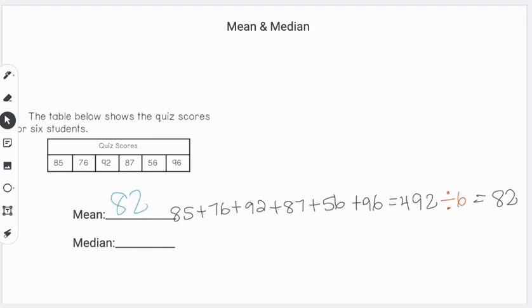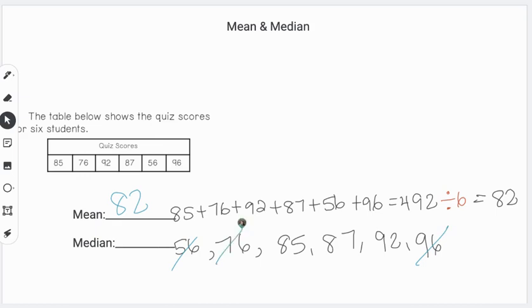All right, for the median, I'm going to arrange the numbers from least to greatest, and then once they are arranged from least to greatest, I'm going to cross off from the left and right side until I get to the middle number. So I'm going to cross off 56, I'm going to cross off 96, 76, 92, and then I'm left with 85 and 87.